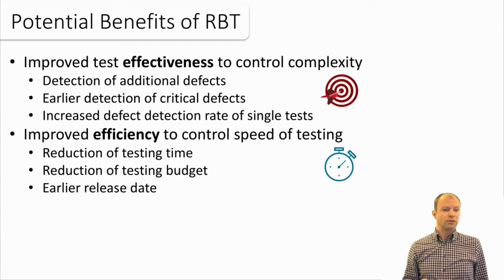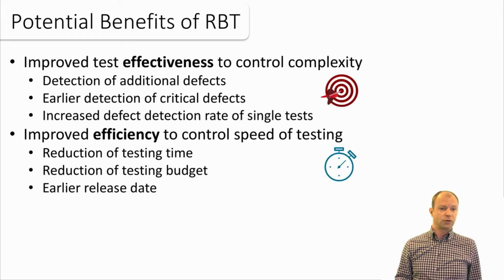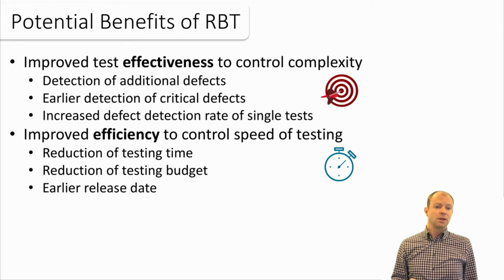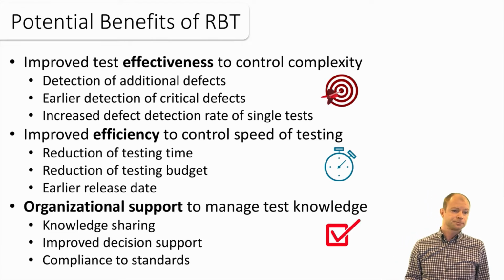Then it can improve efficiency to control speed of testing, which enables reduction of testing time, reduction of testing budget, and earlier release date. And finally, it can provide organizational support to manage test knowledge, which enables knowledge sharing, improved decision support, and compliance to standards.